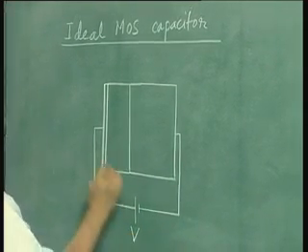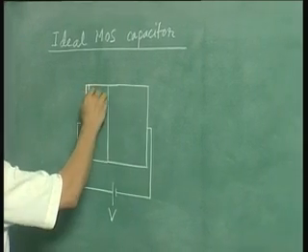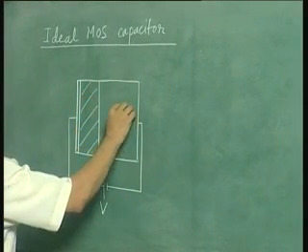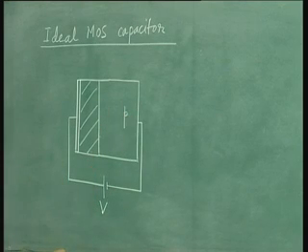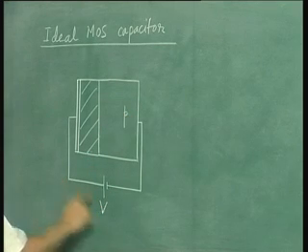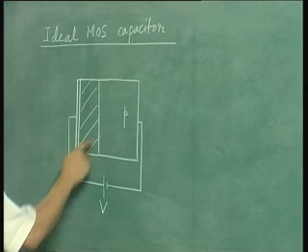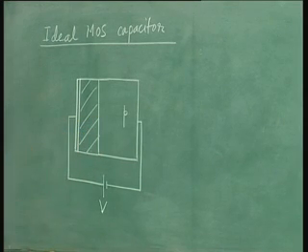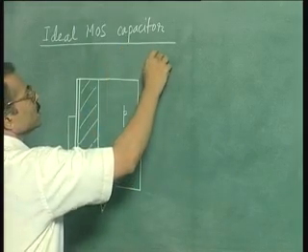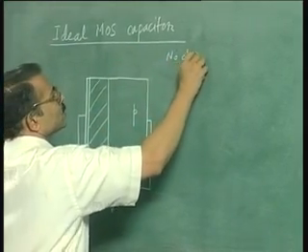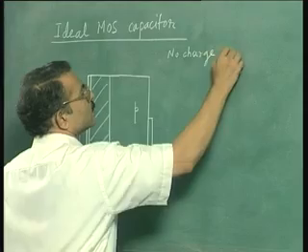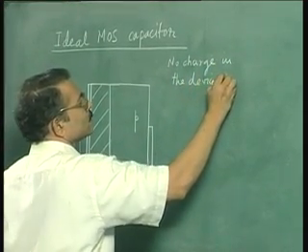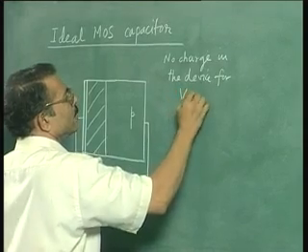So this is V, this is your oxide, and this is p-type silicon. When V is equal to 0, there is no charge in the device, either in the semiconductor or in the metal. So ideal MOS capacitor means no charge in the device for V equal to 0.